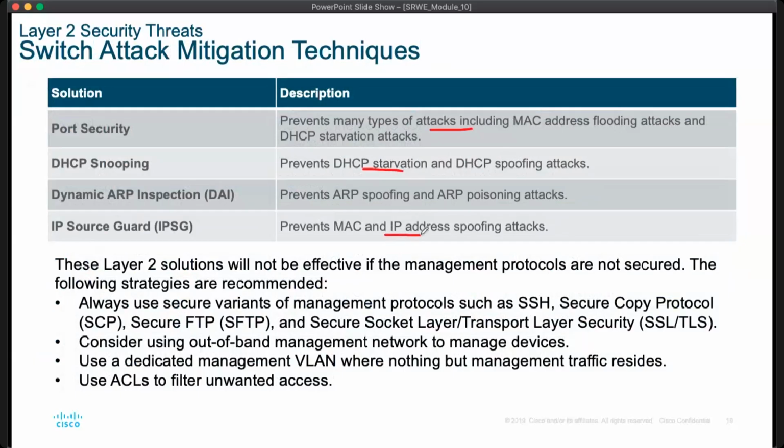These layer 2 solutions will not be effective if the management protocols are not secure. The following strategies are recommended. Always use secure variants of management protocols such as SSH, Secure Copy Protocol (SCP), Secure FTP (SFTP), Secure Socket Layer (SSL), or Transport Layer Security (TLS).